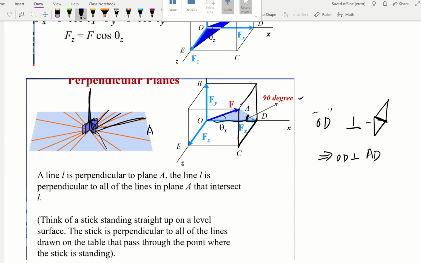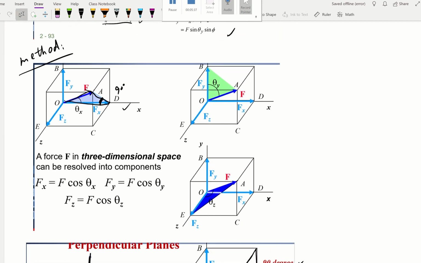So that's a 90 degree. Okay. So knowing that, we can come back to believe this OAD triangle here is 90 degree. It's a right triangle. So since this is 90 degree, then OF is going to be your hypotenuse, right? Opposite to the 90 degrees.